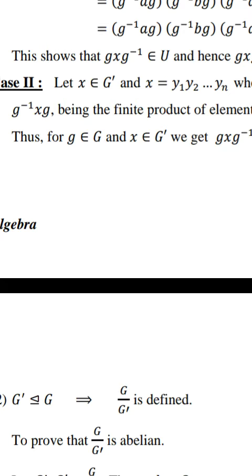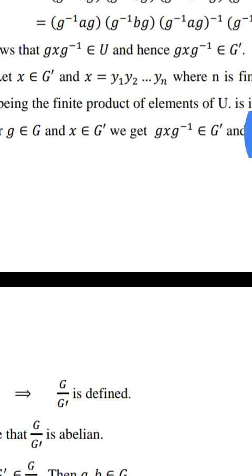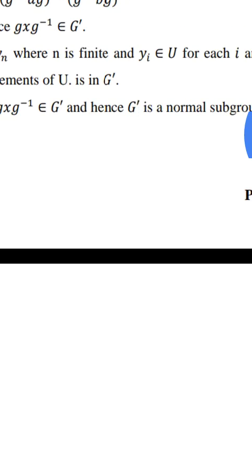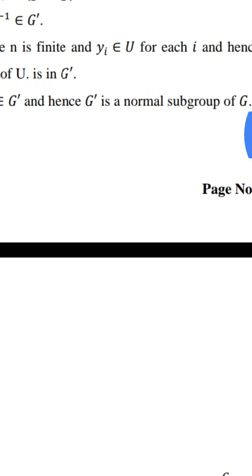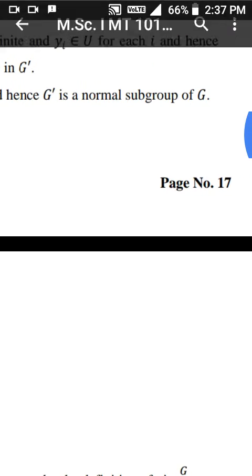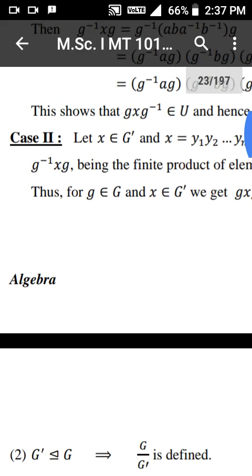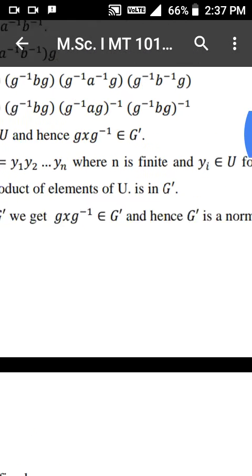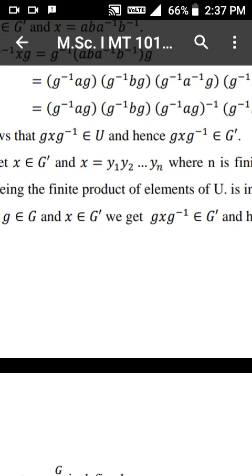Case second, let x belong to G dash and x is equal to y1 y2 dot dot dot yn by definition, where n is finite and yi belongs to U for each i, and hence g inverse xg, being a finite product of elements of U, is in G dash.